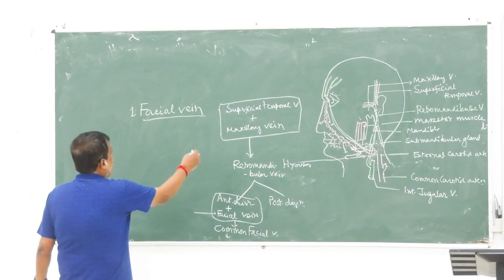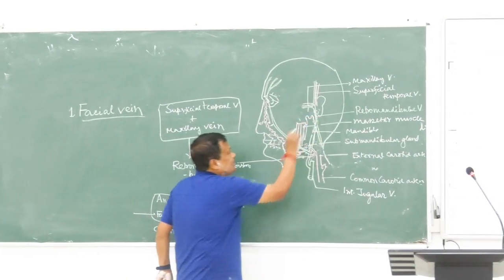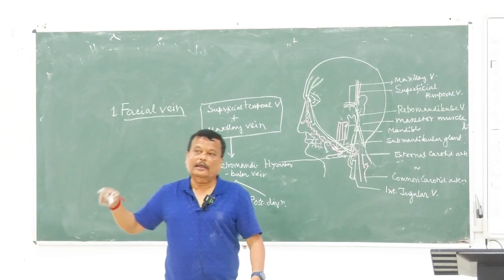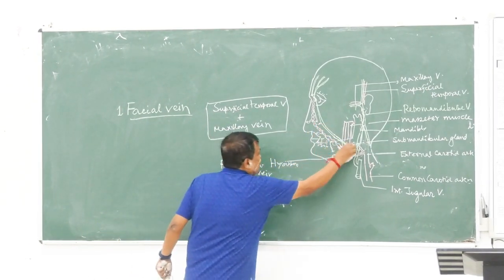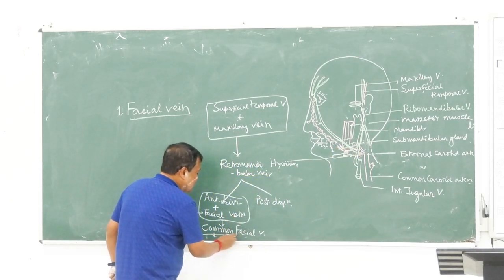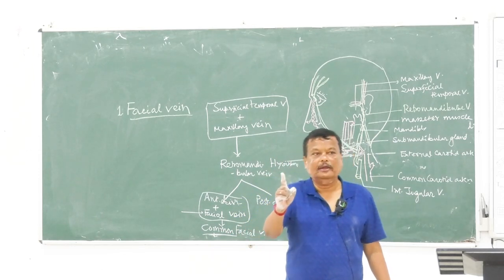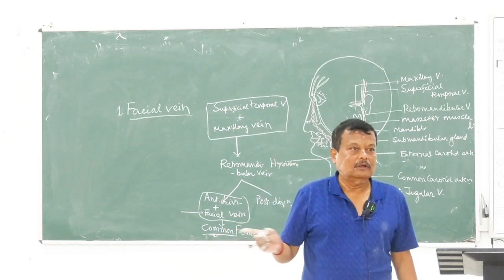তাহলে সুপারফিশিয়াল টেম্পোরাল ভেন জয়েন্স উইথ ম্যাক্সিলারি ভেন টু ফর্ম retromandibular vein. Retromandibular vein divides into anterior division and a posterior division. Anterior division now joins with this facial vein to form common facial vein. So facial vein and common facial vein are not same.